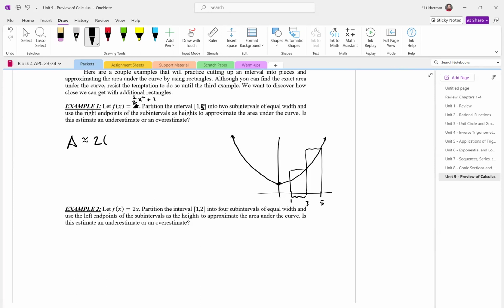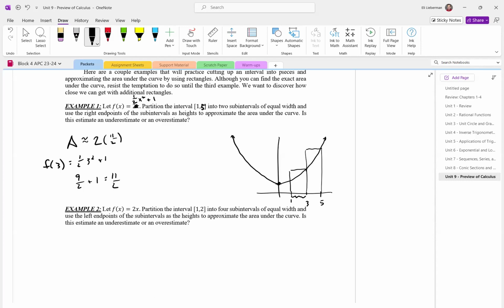So 2 times, 2 times 3. I plug in the 3. 11 over 2. Right, so what we just did is plug in the 3 and you got 9 over 2 plus 1, which is 11 over 2. So that height of the rectangle is 11 over 2.